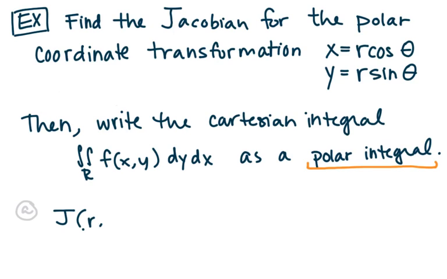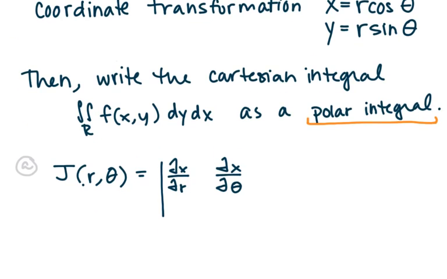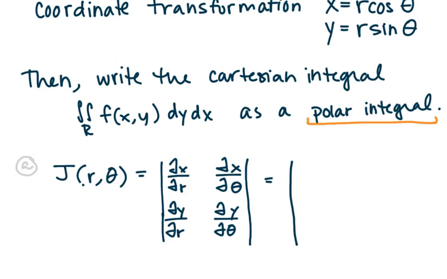And the Jacobian in terms of r and theta is partial x, partial r, partial x, partial theta, partial y, partial r, partial y, partial theta, which is going to be the determinant of this matrix.